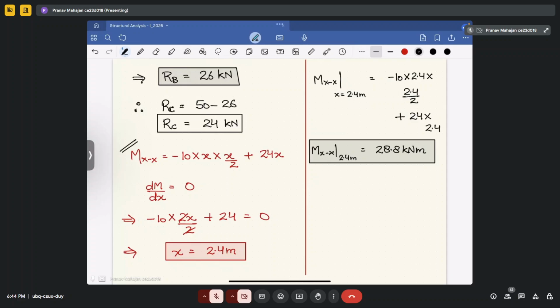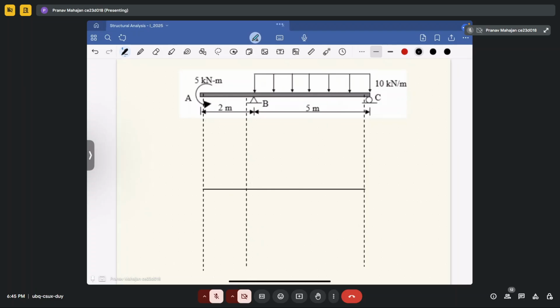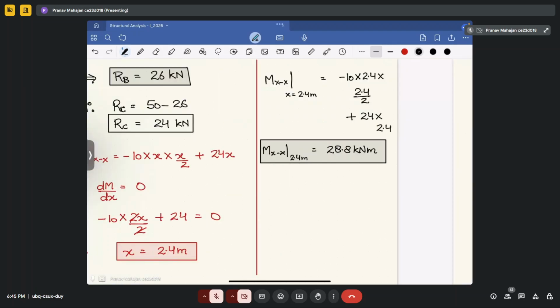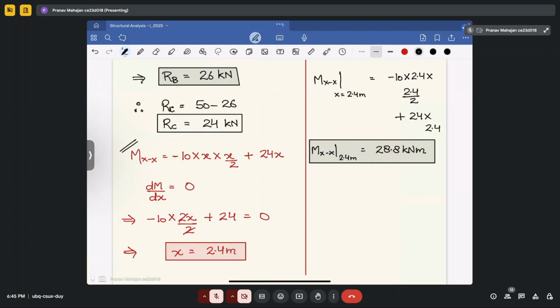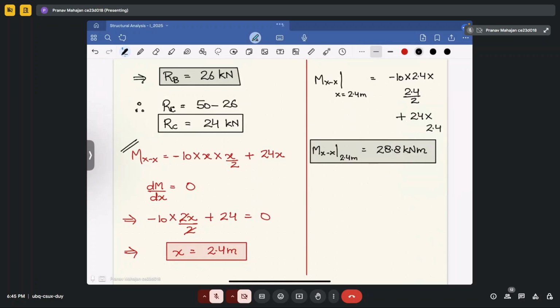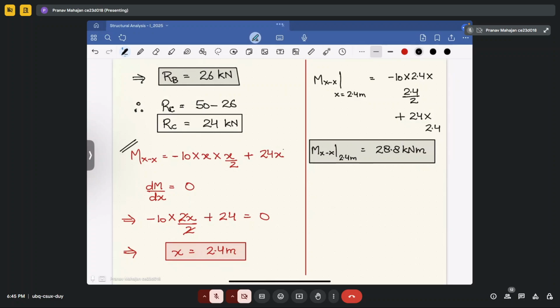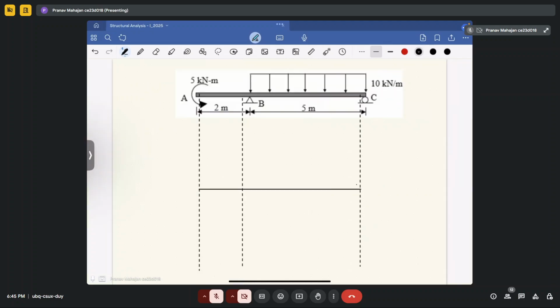Okay, if we substitute the value of x in this, what you will get? You will get first at x is equal to 0, moment equal to 0. As you increase the value of x, what you will get? At x is equal to 1, you put x is equal to 1 in this equation, you will get 24 minus 5 equal to 19 kilonewton meter. So that means your moment will be positive in this section. And for UDL, you know it will follow a parabolic curve.